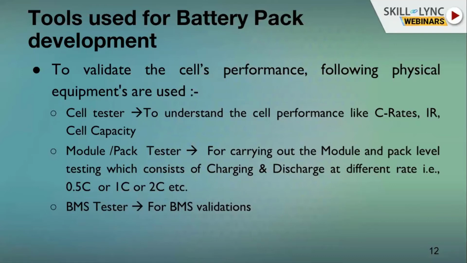And at the same time, BMS also controls overcharge and undercharge. So just now I told, while charging, if some cell is reaching a certain limit, it will stop there. It will not allow the cell to charge over that point, because if it is overcharged, again it deteriorates the cell.